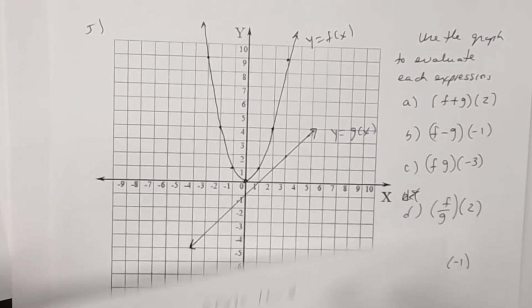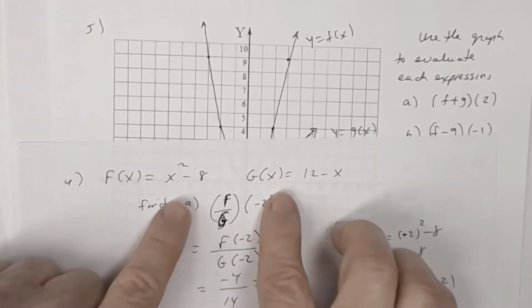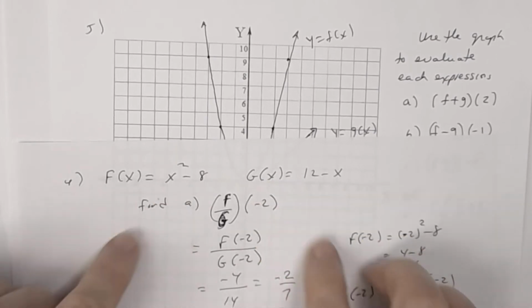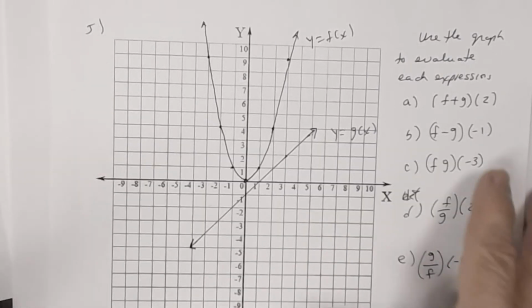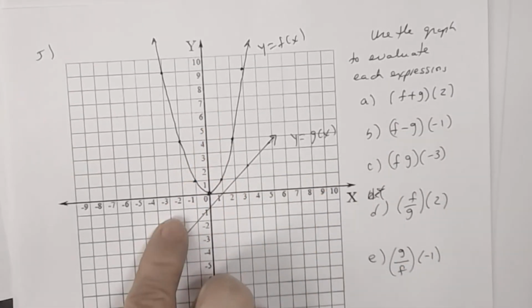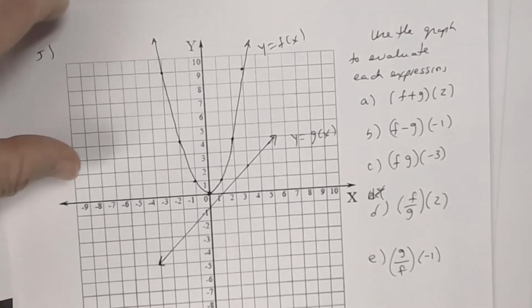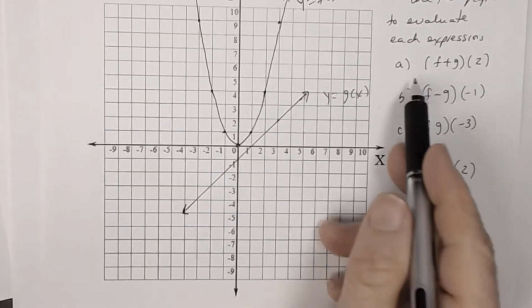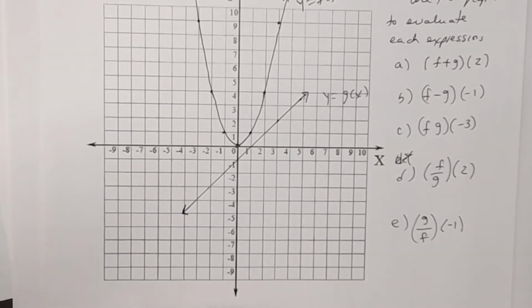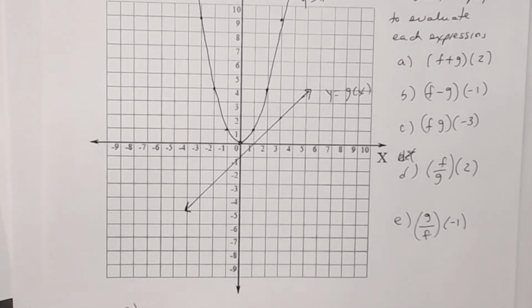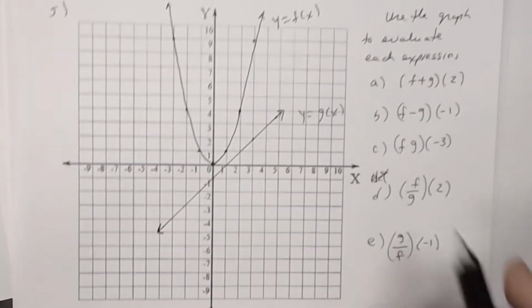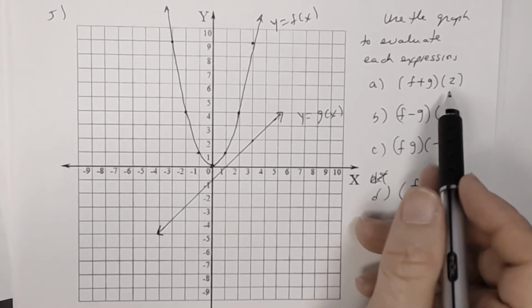So instead of being given the expressions and substituting, what you're going to do is find these using your graphs. And for some students, that's a lot easier to deal with. All right, so let's look at this. Now, letter A. A says you want to find f plus g at 2.